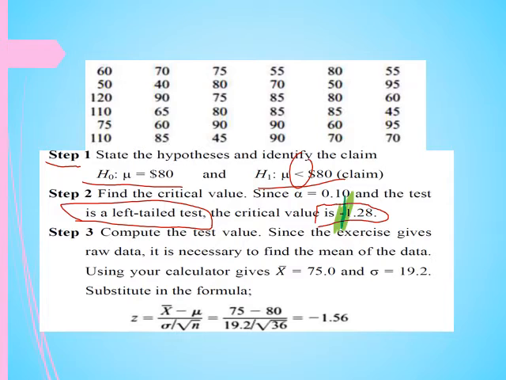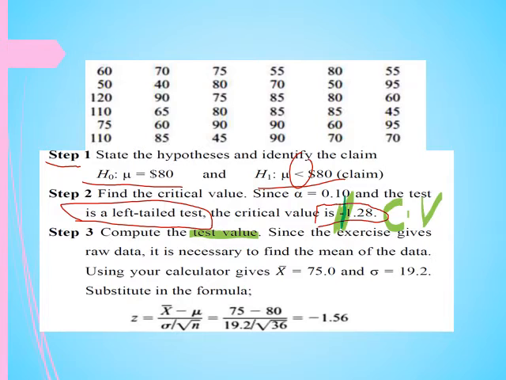So concentrate when you compare with the negative sign to make your decision appropriately. Now we already have the critical value, and we want to compute the test value to compare with it.